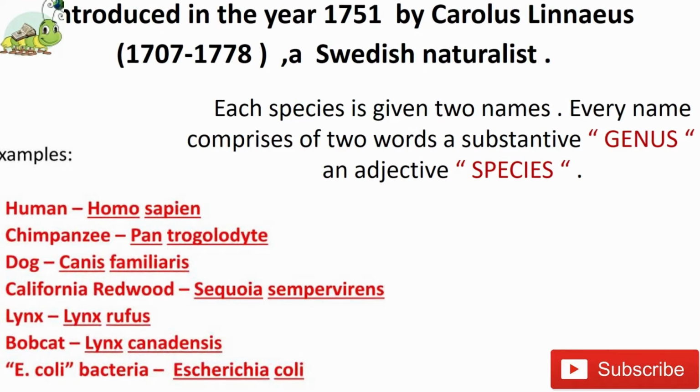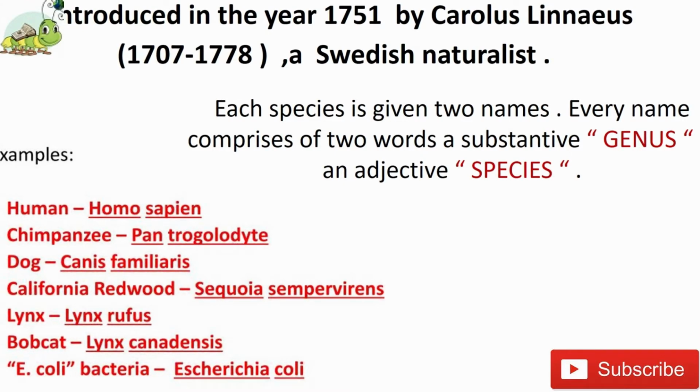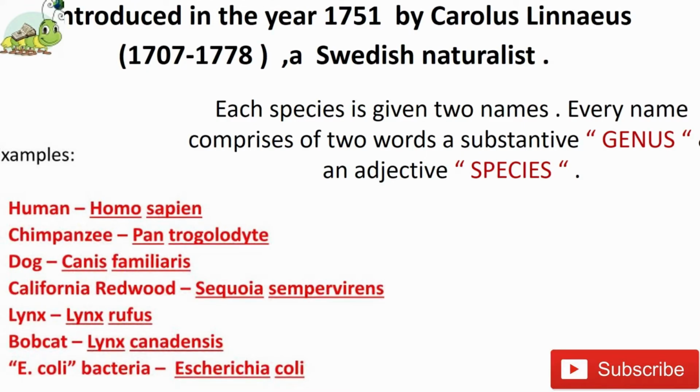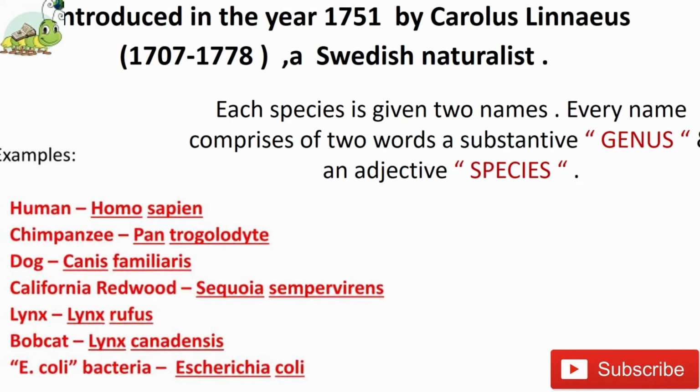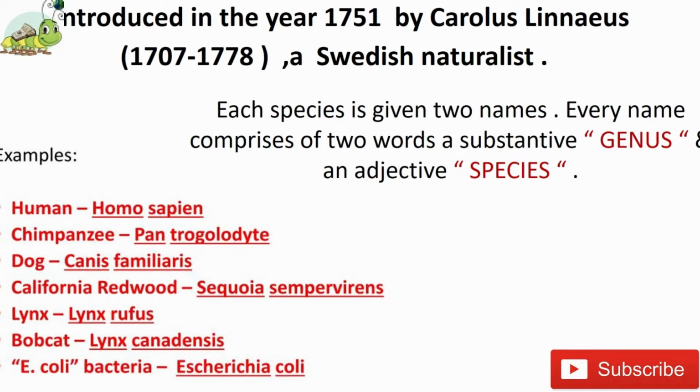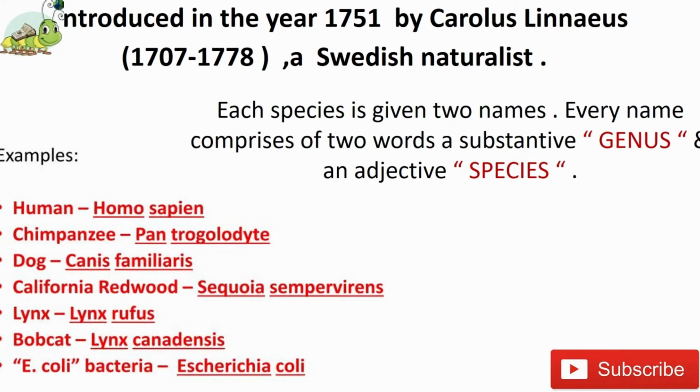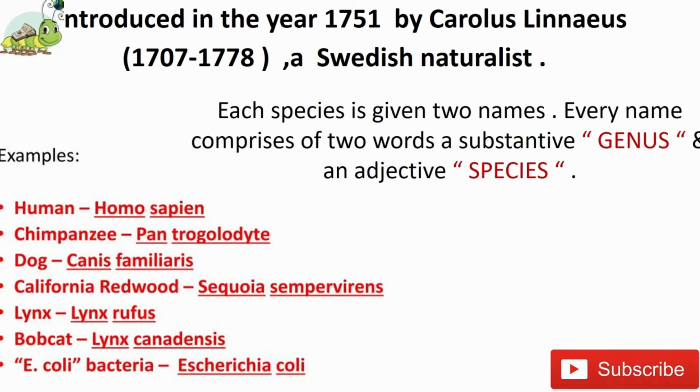Fourth point, the scientific name must be printed in italics or underlined if italics are not possible, such as in handwritten work. Some examples are the human, Homo sapiens, with an underline under Homo sapiens. If we write in computerized form, we can write in italics, and do not require the underline.